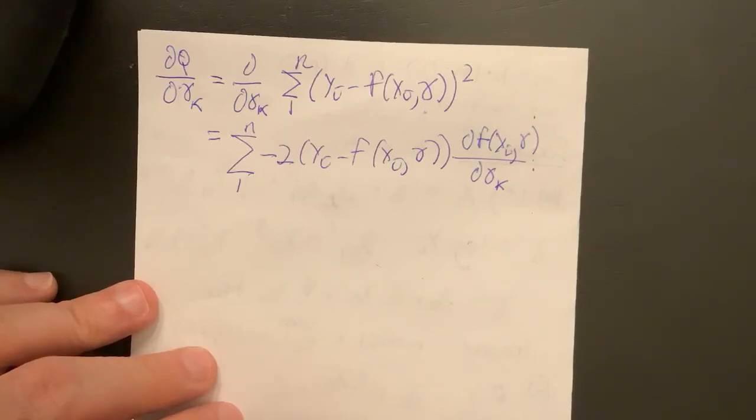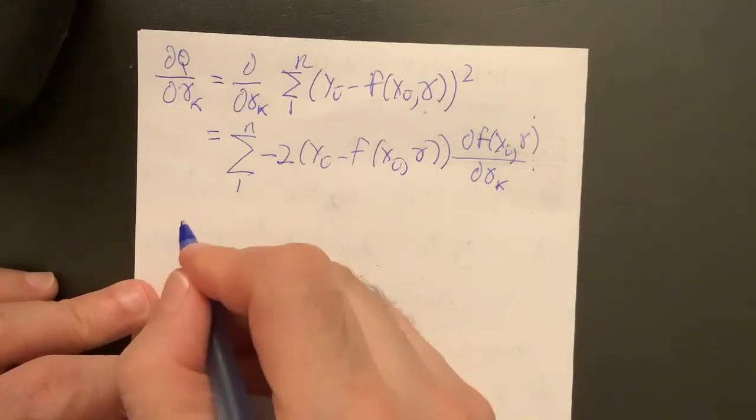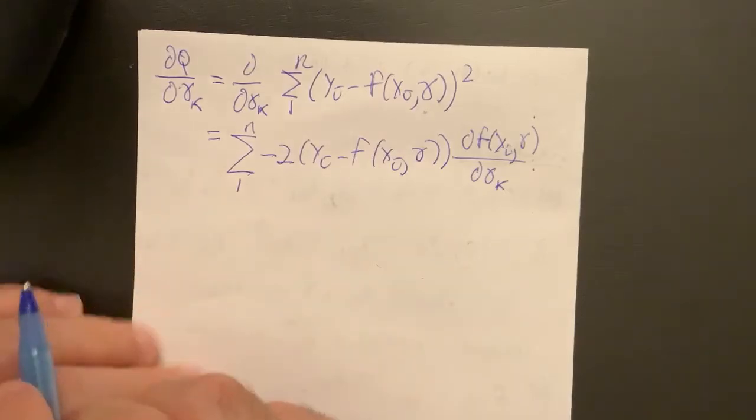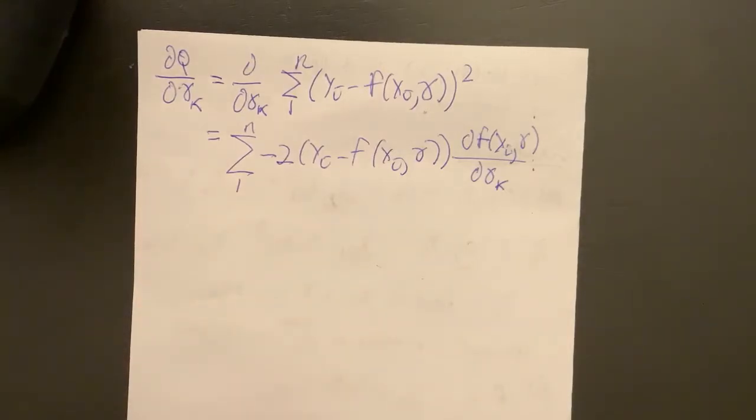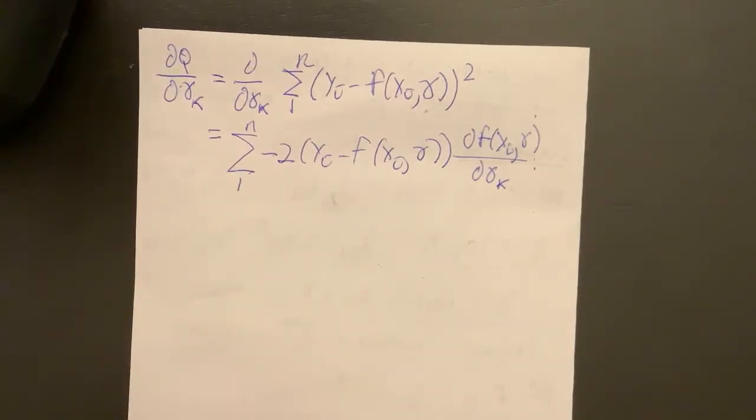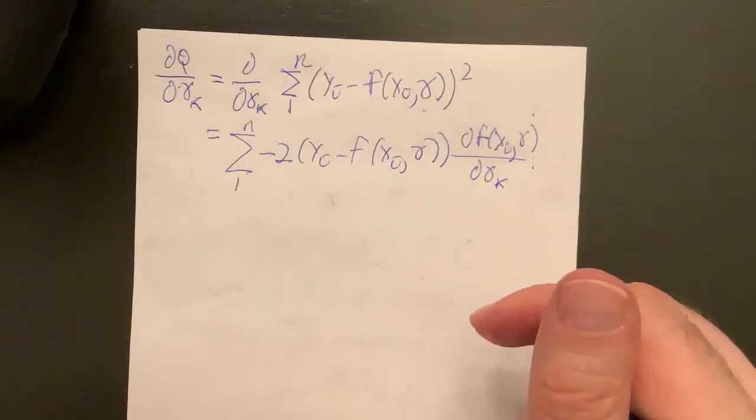And we need to set that equal to 0. So we do this for all p parameters, and we have p equations. We set this equal to 0, set this equal to 0.